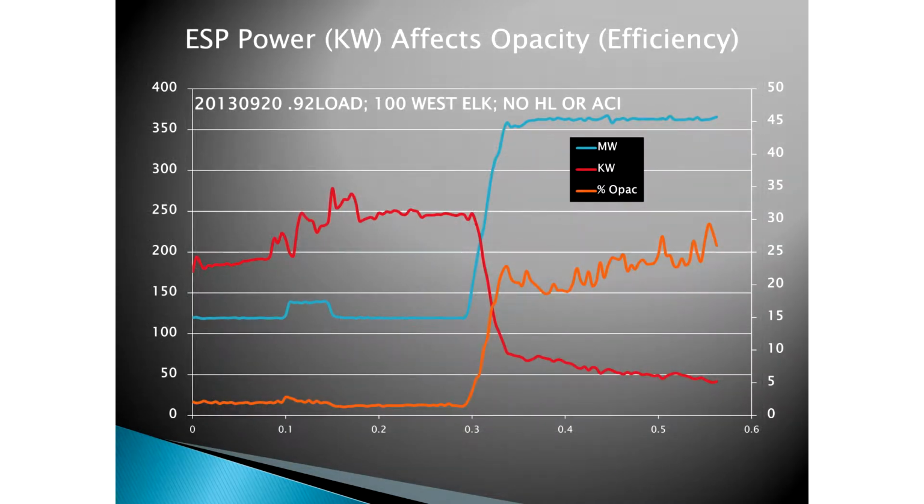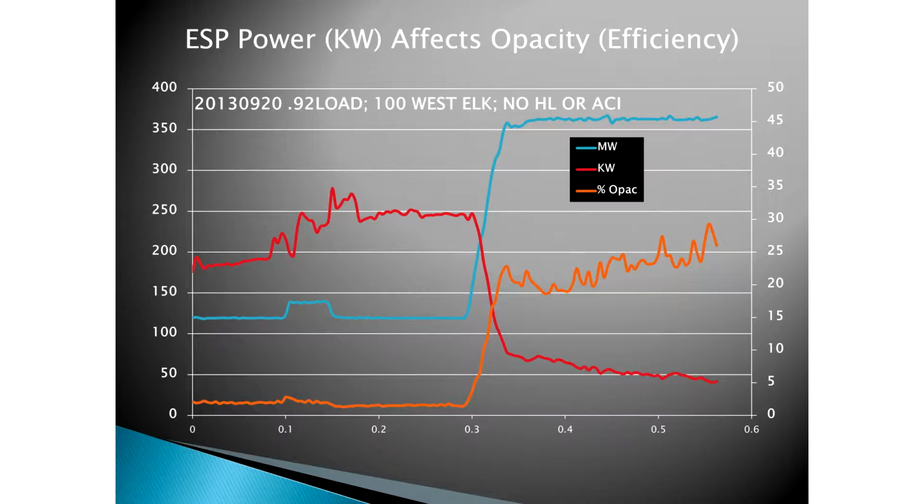Here's a chart from a coal-fired power plant, and it's showing you three things. The unit load, or the boiler load, in megawatts, so that's blue. You could see they're coming on in the morning, they're at low load, and they're ramping up to high load. You could see the opacity, which is the orange here.